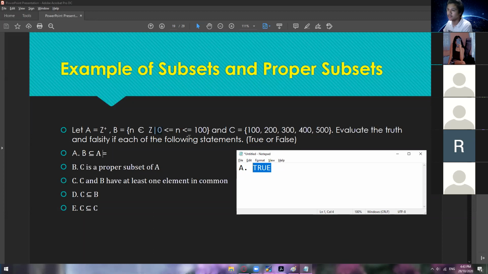Okay, so in this case, if 0 is included in the positive integers, then you could say that B is a subset of A. Okay, how about the others?